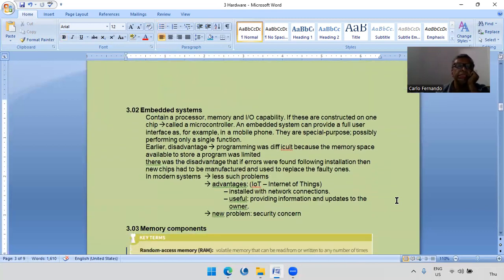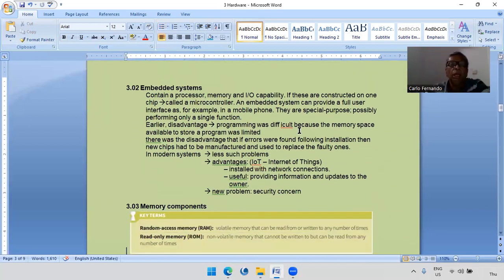Embedded systems, what are they? They contain a processor, like the computer having a processor. These embedded systems also have processor, memory, and I/O capability, that is input-output capability. If these are constructed on one chip, then it's called a microcontroller.